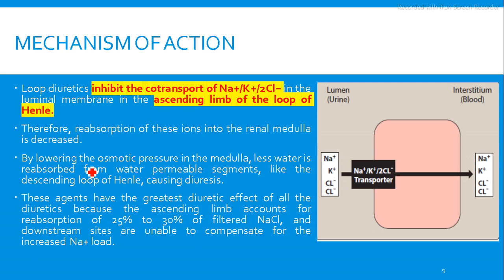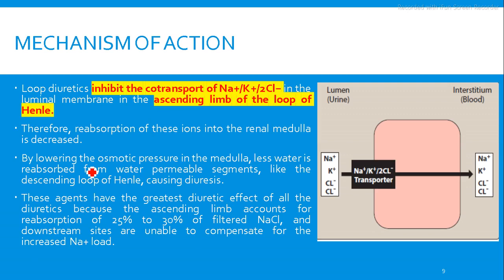So loop diuretics block this particular transporter and thereby keep the sodium in the lumen itself. And you should remember this in relation to diuretics: wherever sodium goes, the water follows.